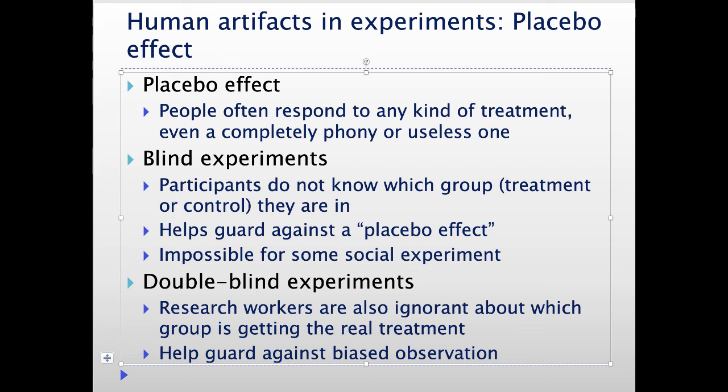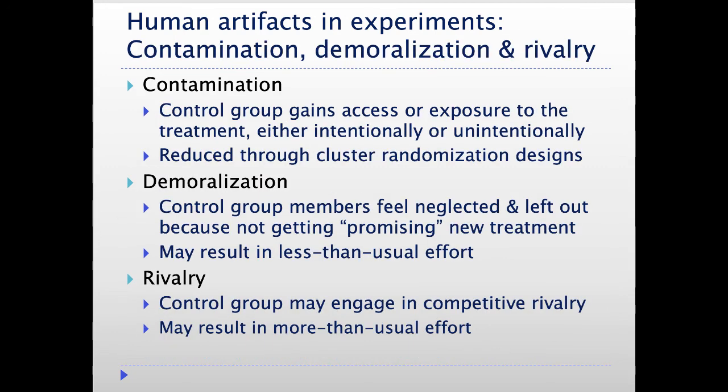You can have the people measuring their knowledge or skills not know whether they're in the treatment or control, even if the subjects do, because I kind of know if I went to job training or not. So that's a way that you can guard against biased observation. It's also a way that the term double blind is not perfect for social experiments, because you can blind the researchers in some circumstances, even if you can't blind the research subjects.